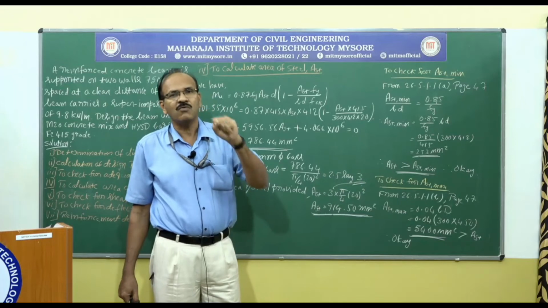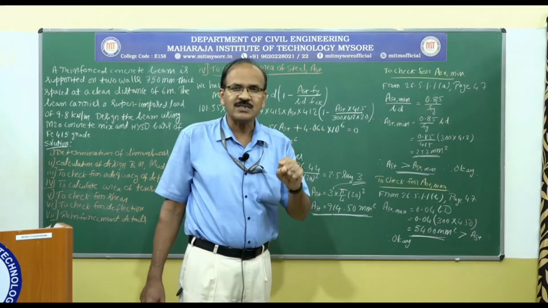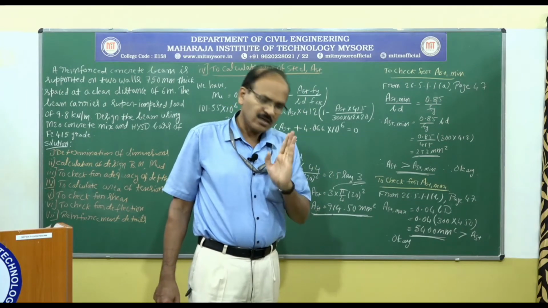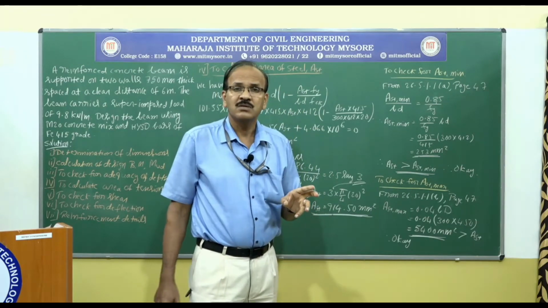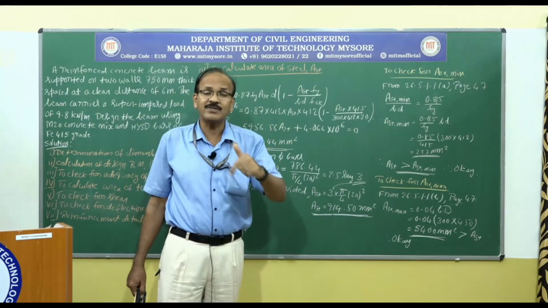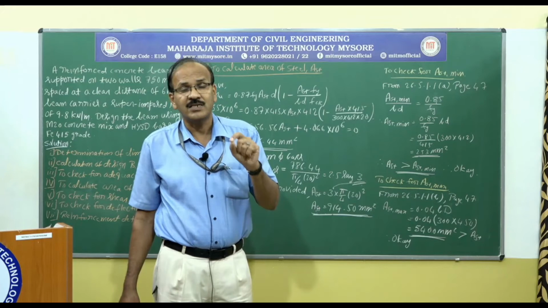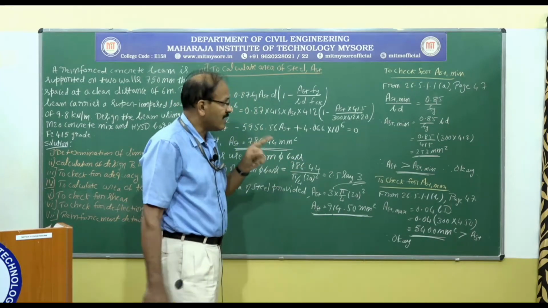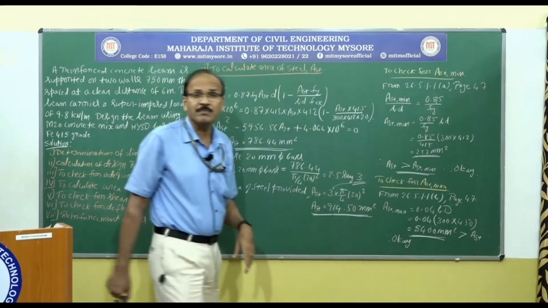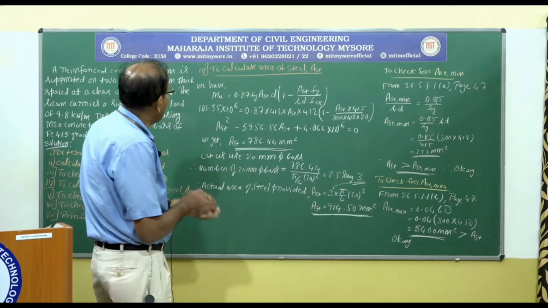In such a case, increase the section size, breadth or depth or both. Then redesign the section, calculate the self weight once again, find out the new design bending moment, and find out the actual area of steel required. Then again check that Ast actual area of steel with Ast minimum and also with Ast maximum. Is it clear to you? Next, check for development length.